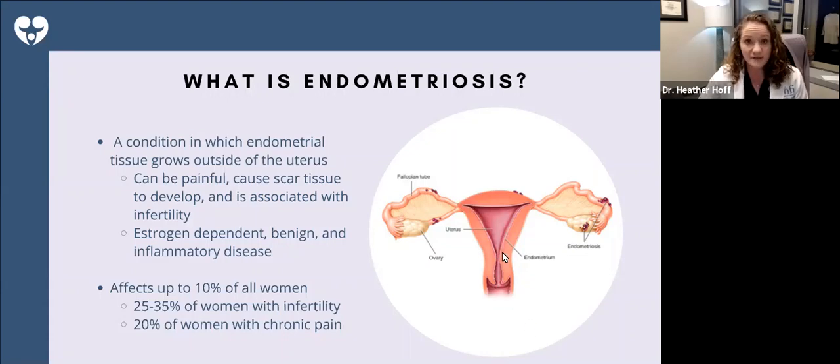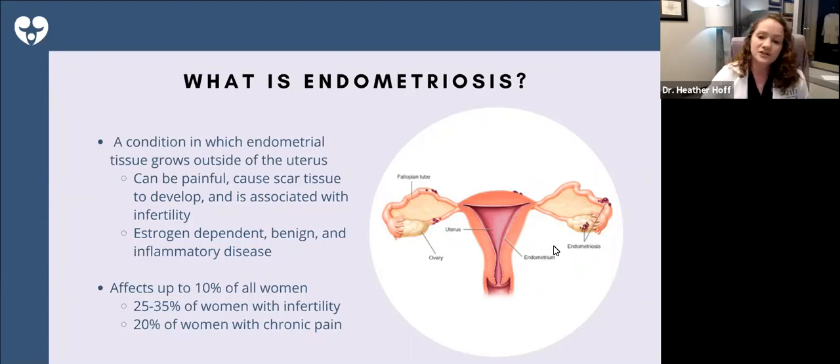What happens in endometriosis is that this endometrial tissue will grow in places outside of the uterus. It may be on the top of the uterus, on the fallopian tubes, on the ovaries, somewhere in the abdominal cavity, even the bowel or bladder. And growth of this tissue will lead to problems.